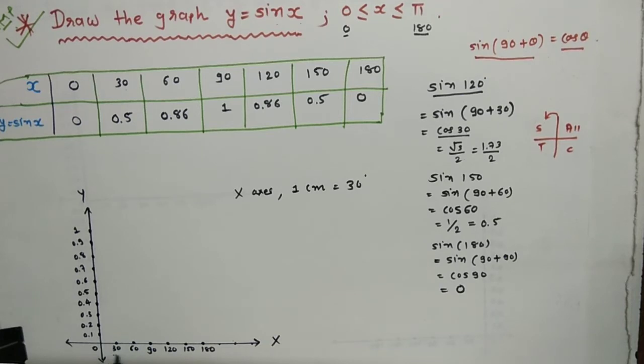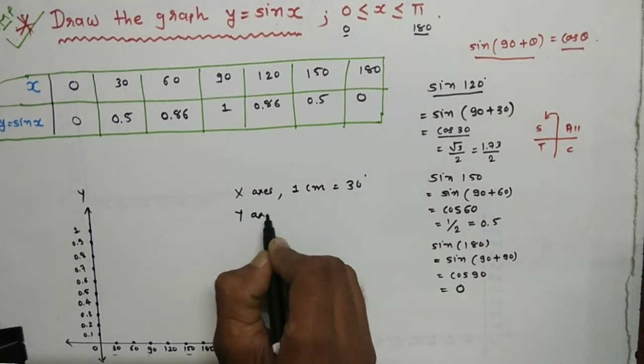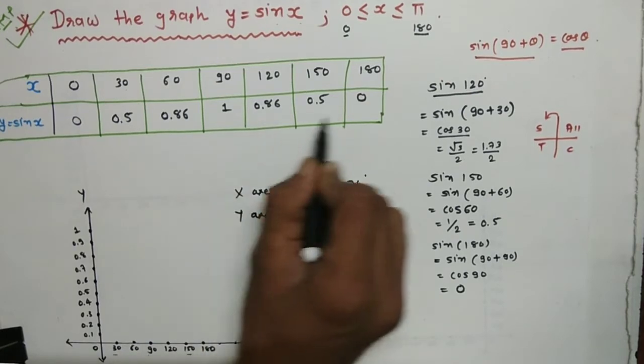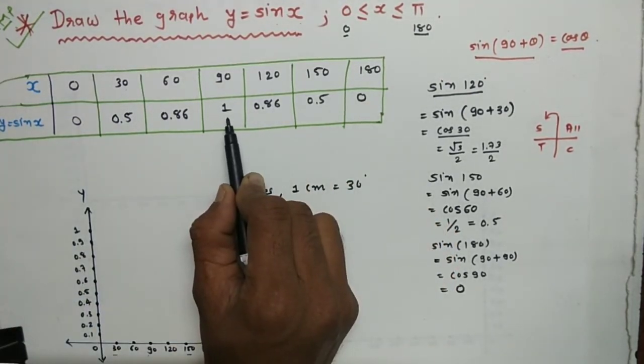First 1 centimeter is equal to 30, then after 60, 90, 120, 150 and 180 on the x-axis. Now on the y-axis, according to the values of the table, smallest is 0 and highest is 1.